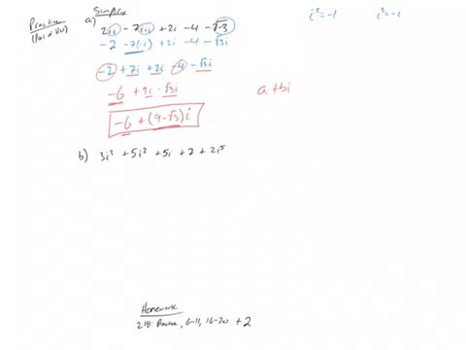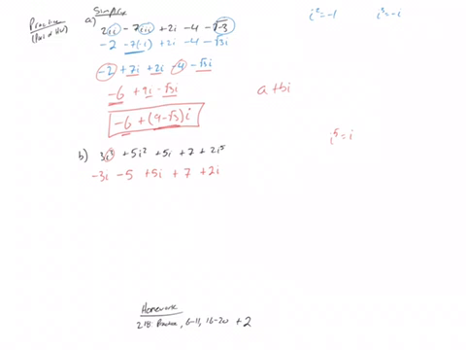One more of these here. Remember, this i cubed is -i, so this is going to come out to be -3i. i squared is -1, so it's going to be -5. Plus 5i, plus 7, plus, if you go back and look, i to the 5th is the same thing as i, so it's going to be 2i.